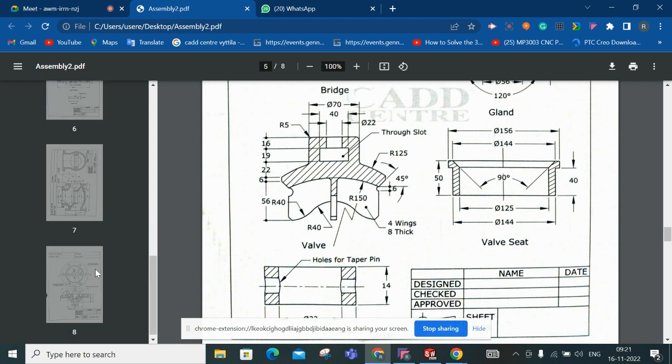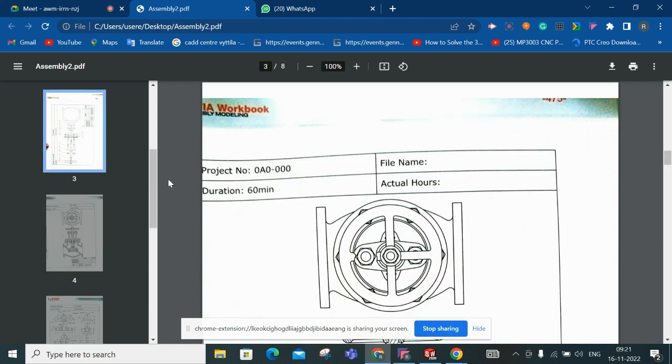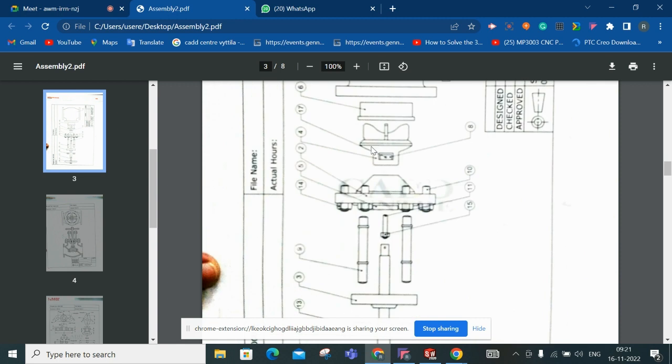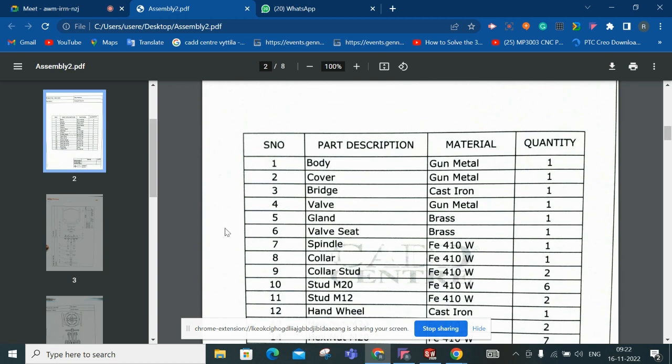When I look at the assembly drawing, I can see that this is the valve, and it is getting attached to this part, right? That is part number six. Part number six is the valve seat.